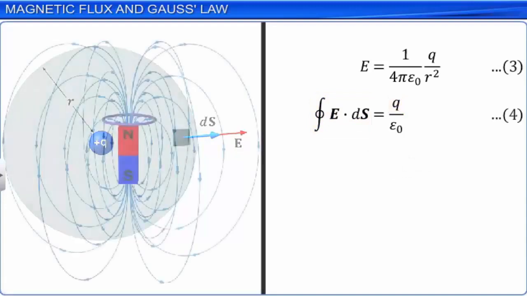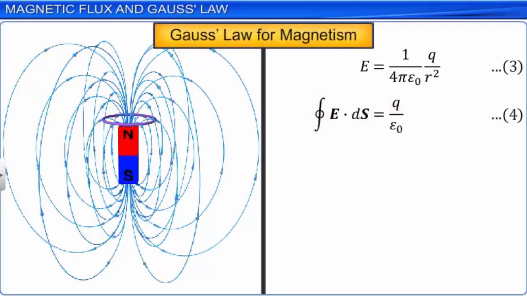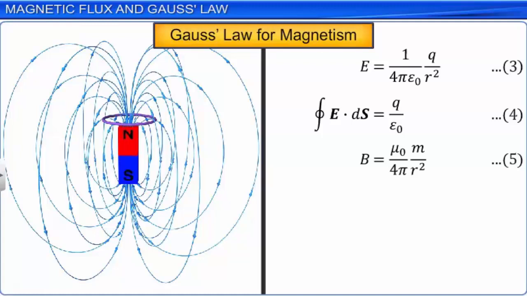Similarly, Gauss' law for magnetism can be derived from the definition of magnetic field strength. We know that the magnetic field strength B is equal to mu naught by 4 pi into m by r square. Let this be equation 5. By observing Gauss' law for electrostatics, we can write Gauss' law for magnetism as integral over a closed surface B dot ds is equal to mu naught times the net pole strength enclosed by the closed surface.